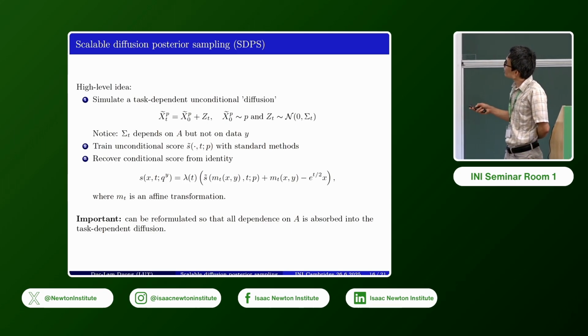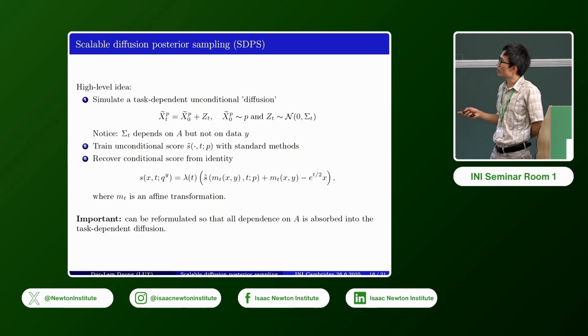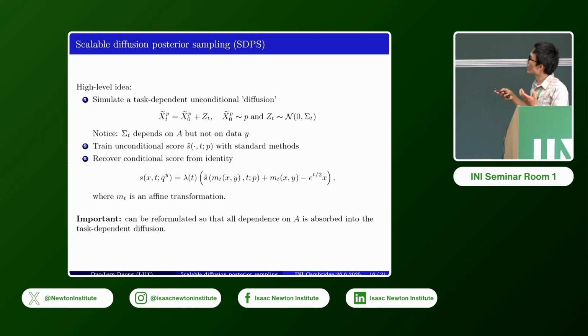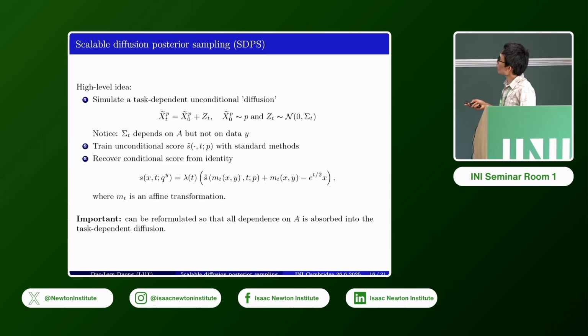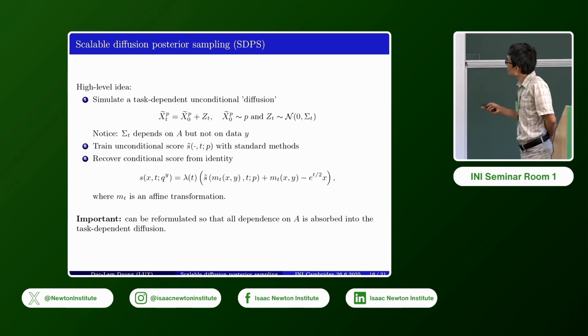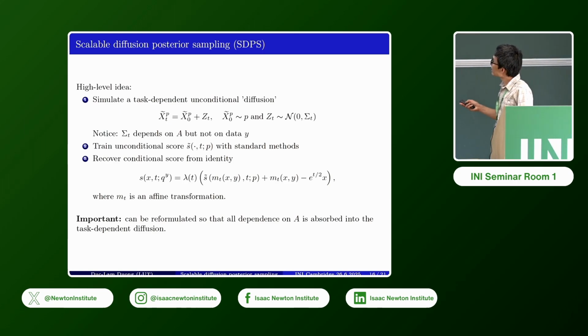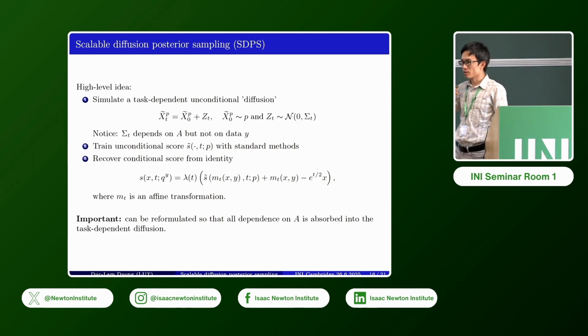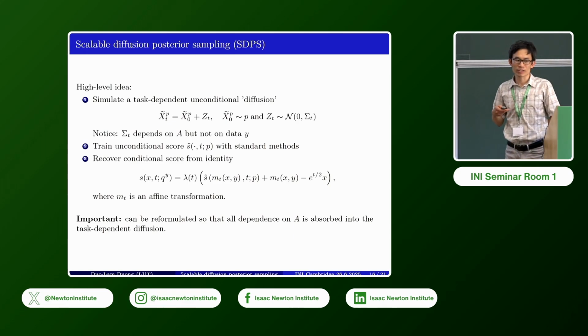Then you recover the conditional score using the results that I just mentioned previously. All of this can be done in a way that the forward operator coming from the inverse problem, which can be troublesome when computing, is absorbed into the task-dependent diffusion. So in a sense, it is absorbed into the training process.